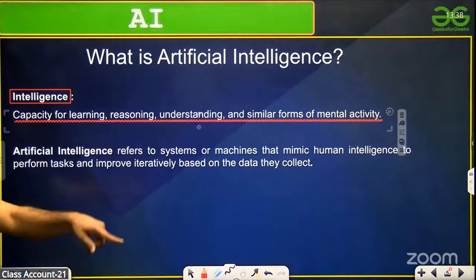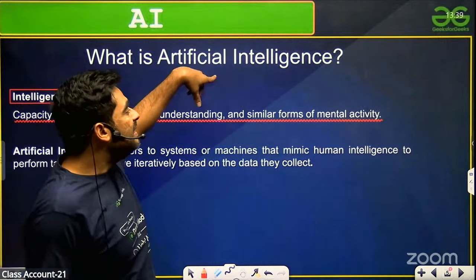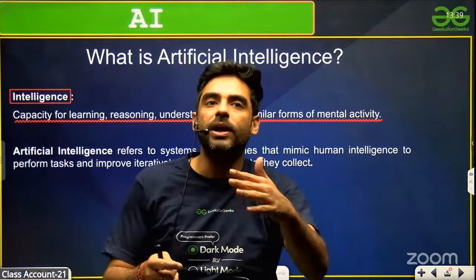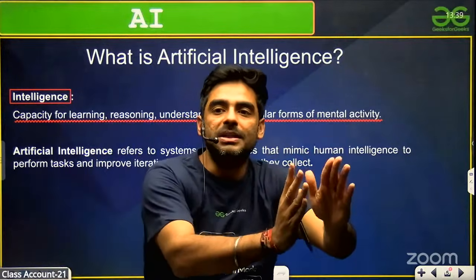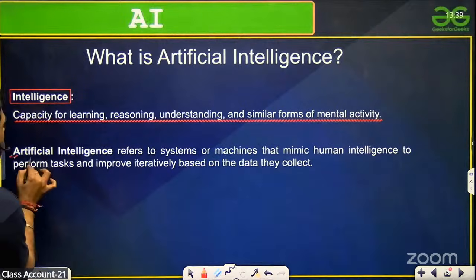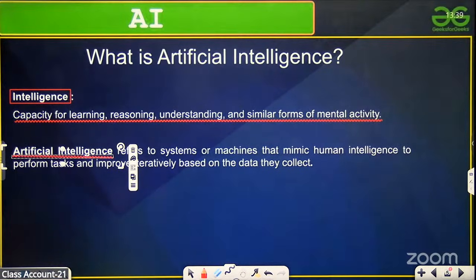So basically AI would be learning, reasoning, understanding all the forms of mental activity that is done by a human being, which is replicated by a machine. तो उसको हम क्या बोलते हैं? That term is known as artificial intelligence.